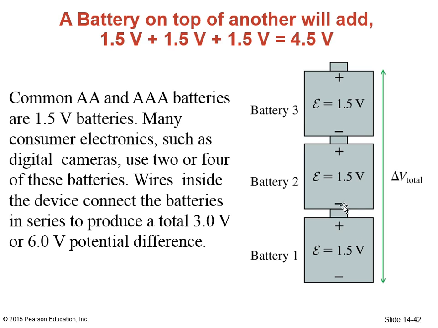And since that's connected to here, then whatever the voltage is here, we have 1.5 more than that point right here, and we have 1.5 more than that point up here. So the idea is that we can say 1.5 plus 1.5 plus 1.5, and that will tell us the total voltage from the very bottom here, the very negative terminal, to the very top.